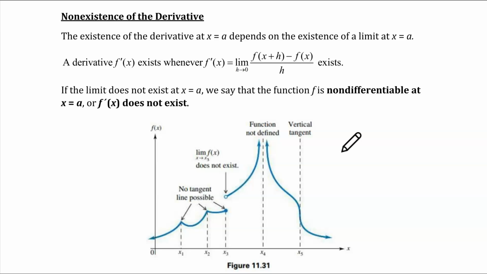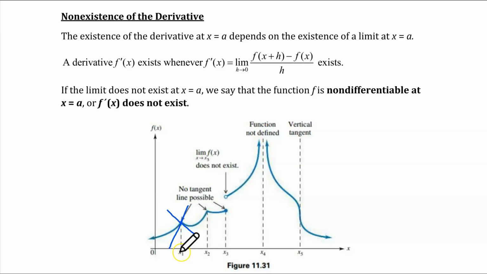That occurs in a situation where you have a corner point, like in this case here. In this case, at x sub 1, on the left-hand side of x sub 1, the tangent line at that point will look like this. But on the right side of x sub 1, the tangent line will look like this.